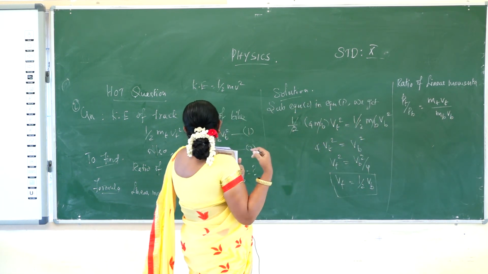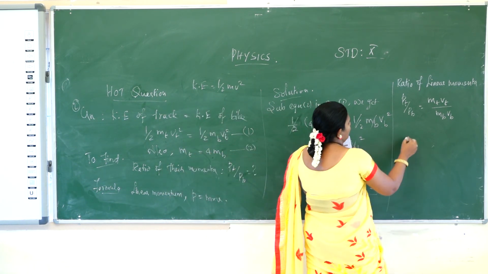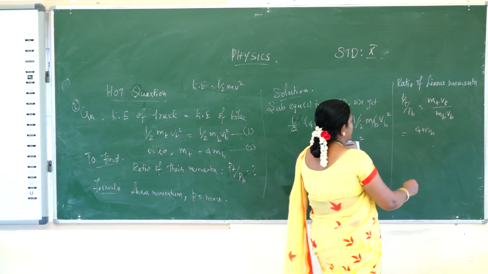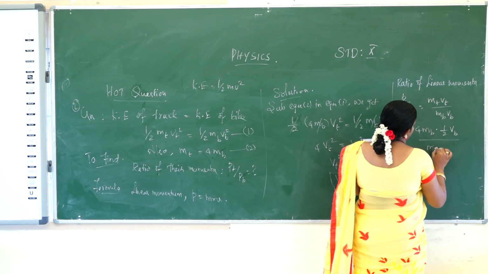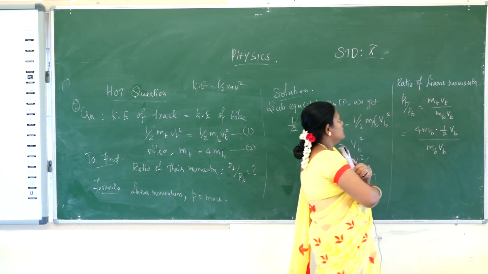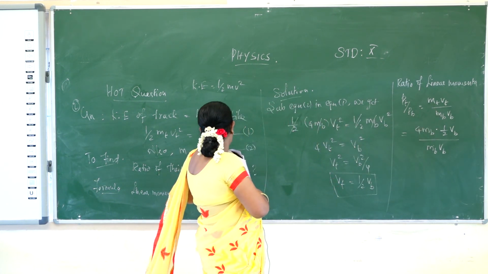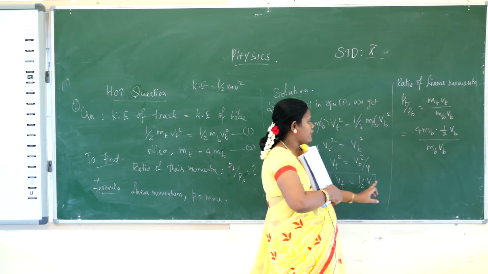Substitute the mt value and mb value: the mt value is 4 mb and the vt value is half vb, divided by mb and vb.